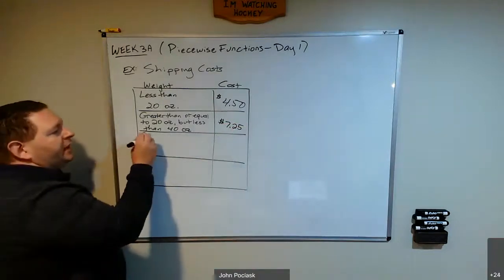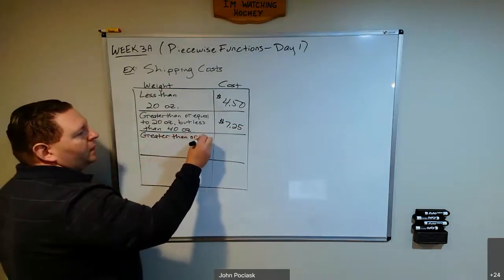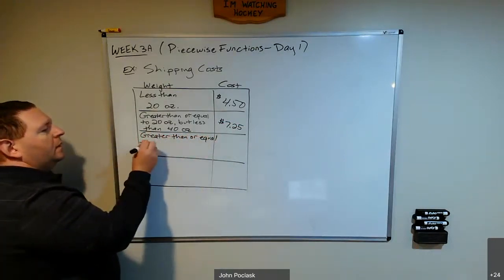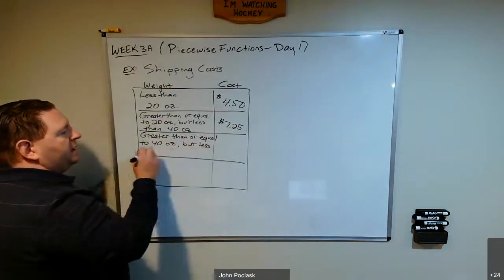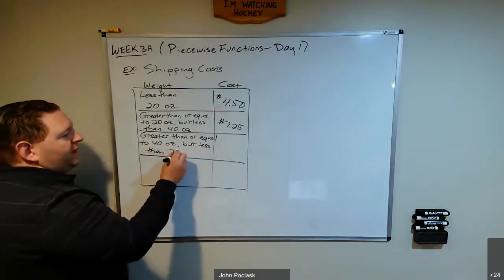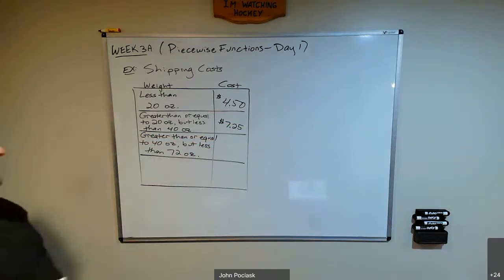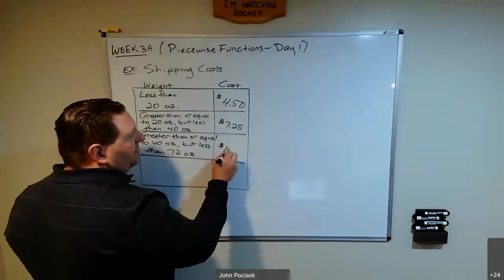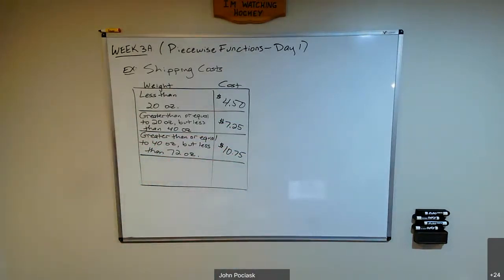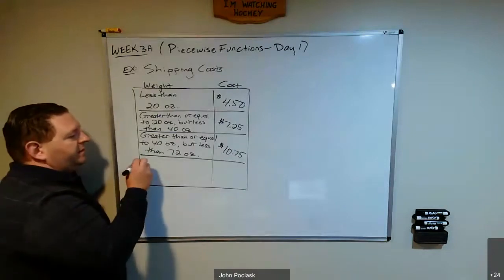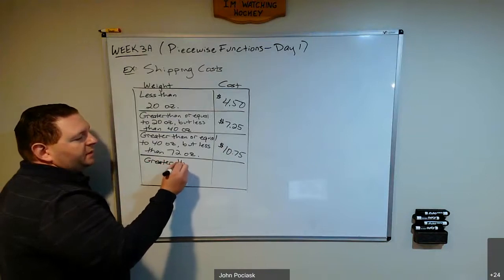And then we'll do greater than or equal to 40 but less than 72 ounces. We'll make that $10.75. And then finally, greater than or equal to 72 ounces.